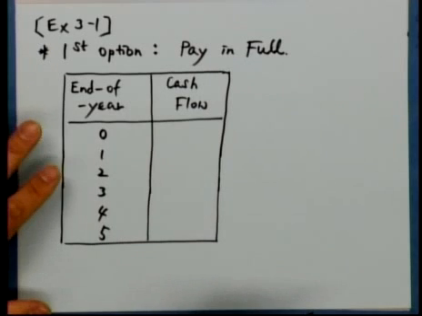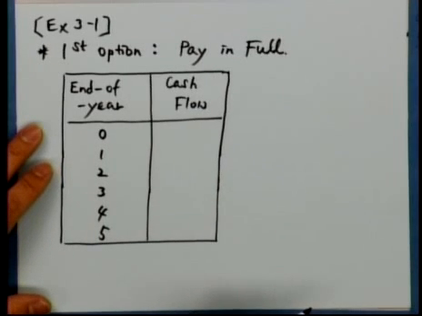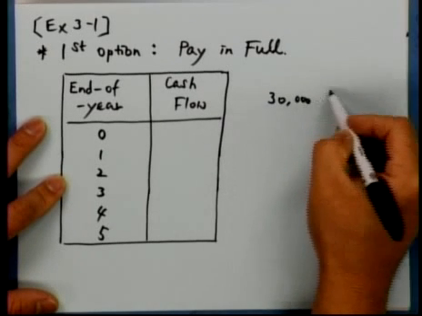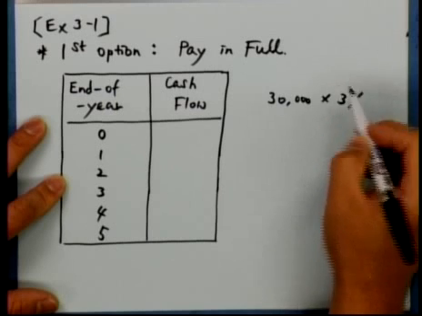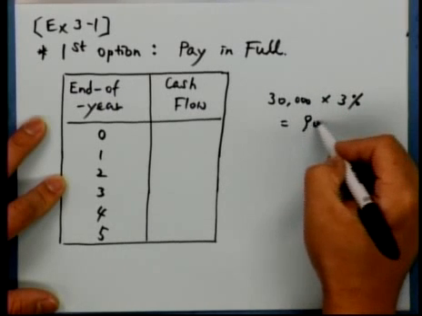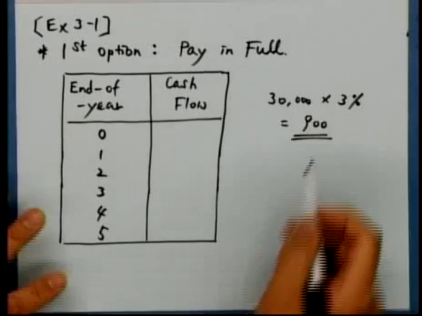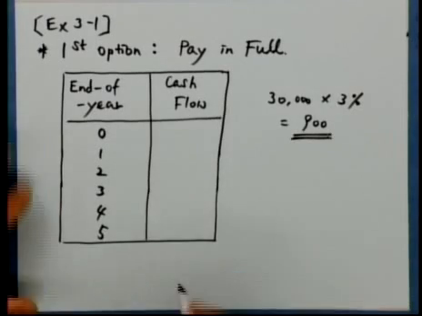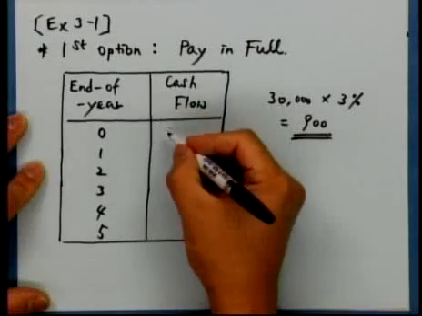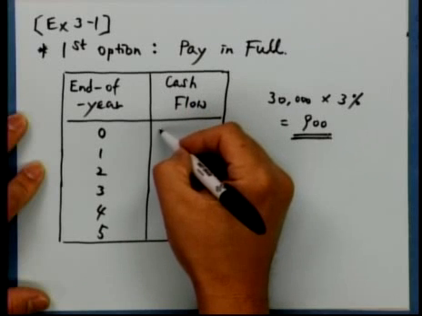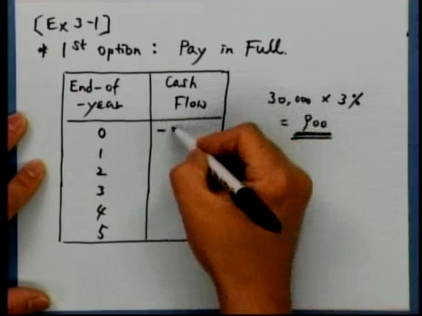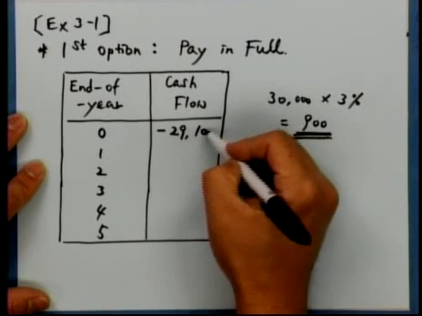And the first option is to pay the full amount of $30,000. In that case, you will get a 3% discount. So 30,000 times 3% is $900, right? So you're going to have $900 of discount. So at the end of year 0, you're going to pay 30,000 minus 900, which is $29,100.